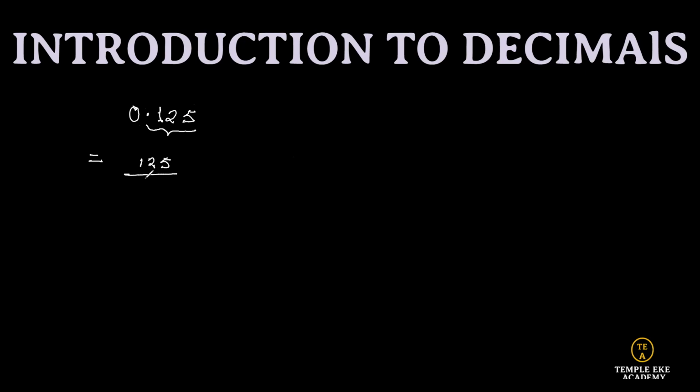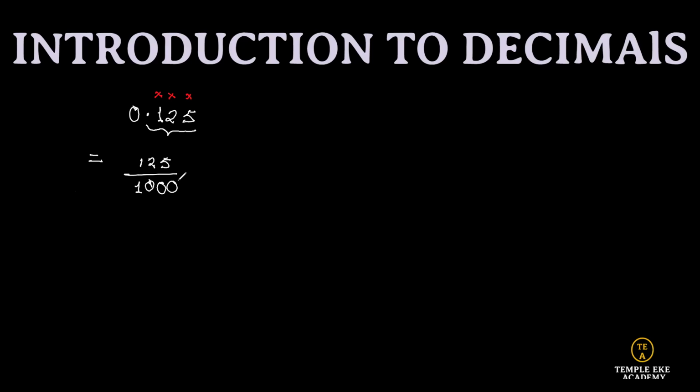Place that over 1, and then ask: how many digits after the decimal point? 1, 2, 3 digits after the decimal point. And that means we're going to have 3 zeros written by the side of the 1. 1, 2, 3. And now we can reduce.